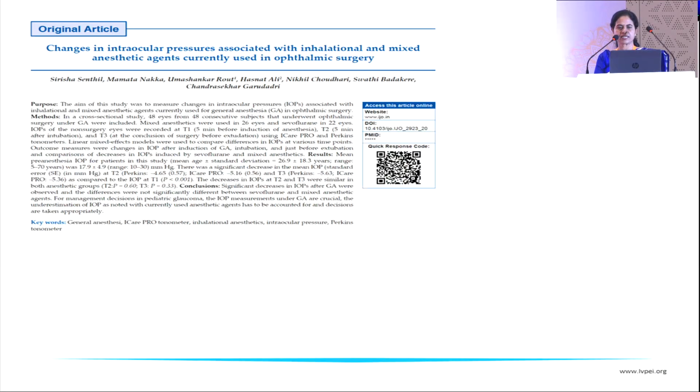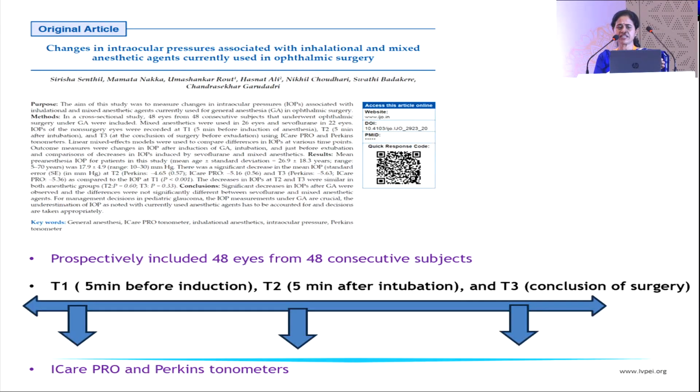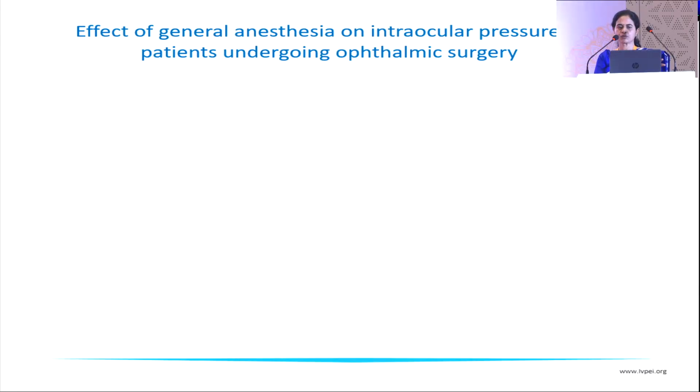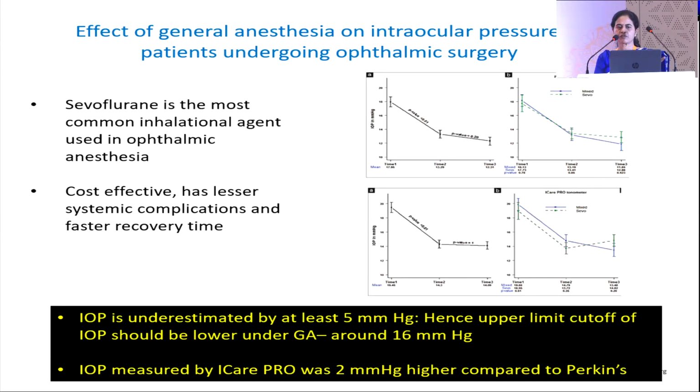They do decrease the intraocular pressure. This was a study that we did in children, where we measured the intraocular pressure before inducing anesthesia, immediately after induction, after intubation, and at the conclusion of the surgery. We used 2 different types of tonometers. Sevoflurane is the most commonly used anesthetic agent. What did we find?